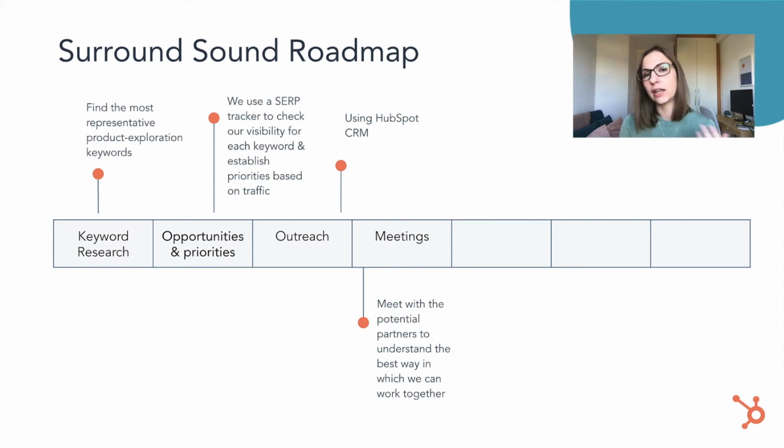Doing that over emails, for myself personally, feels a little bit clunky, and we don't really get to actually connect and form a long-term partnership. So that's why I would always recommend getting to know the people that you work with through a meeting.